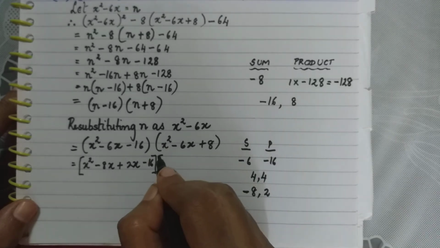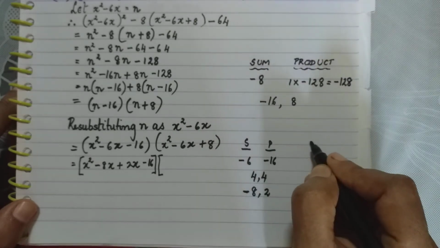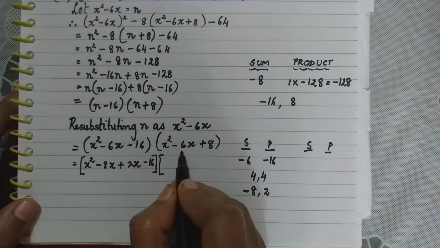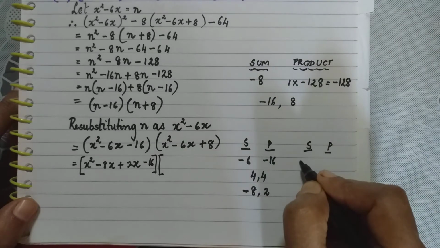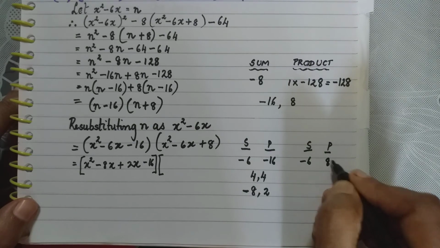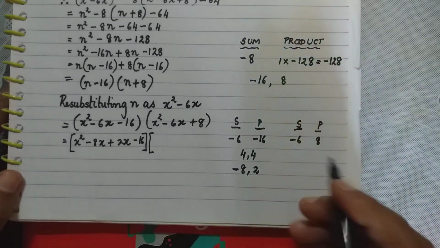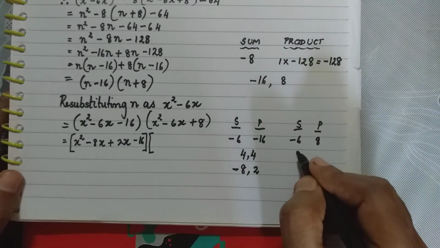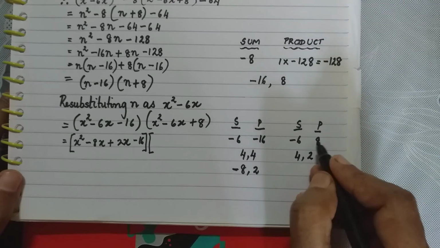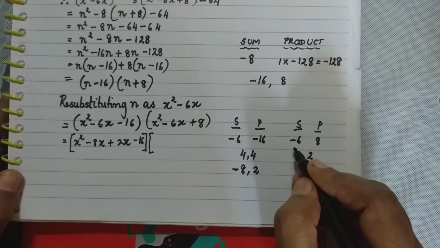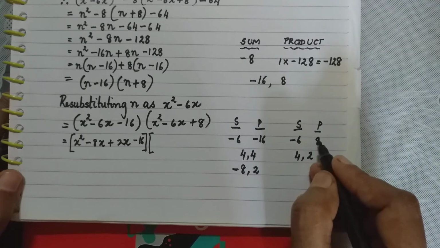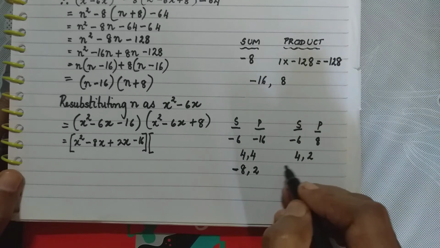Now this next bracket, again write sum and product. What is the sum here? Minus 6. What is the product here? 8. So for the product to be 8, what can be the factors? We know 4 and 2 will be 8. The product is plus and the sum is minus. So when the product is plus, either both are minus or both are plus.